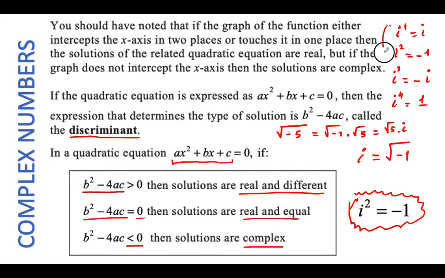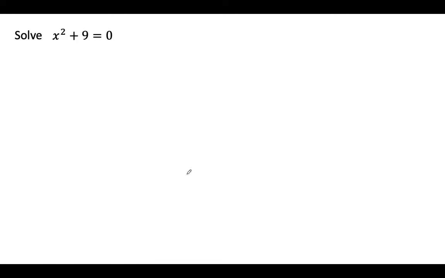Then for i to 5, i to 6, i to 7, we calculate by using modular arithmetic mod 4. For example, i to 5 is i, i to 6 is i squared, which is -1, and i to 7 is i cubed, which is -i. But today we are not going to deal with them. We will just talk about how to solve quadratic equations when the discriminant is less than 0.